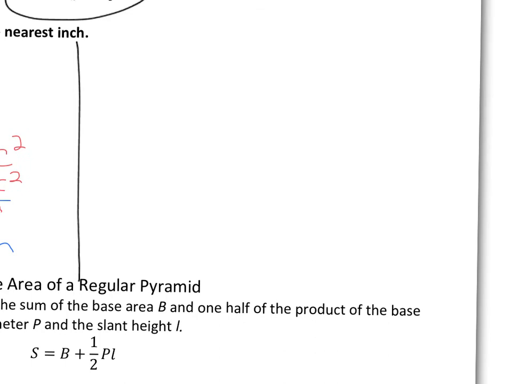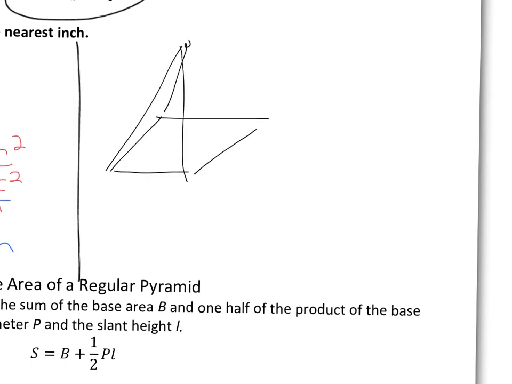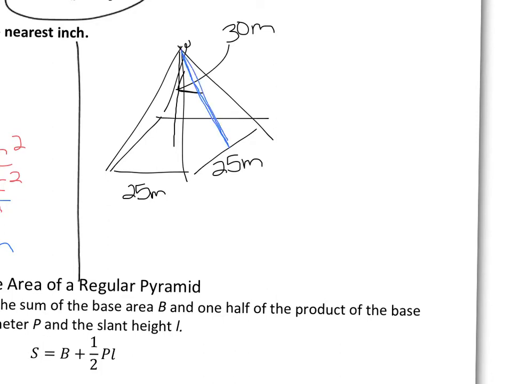All right, this time we've got this pyramid. This time I have bases of 25 meters, so once again we have a square, and again I'm given the height of the pyramid, which this time is 30 meters. Once again, I'm looking for that slant height. If all the way across the square is 25, then halfway across would be 12.5.